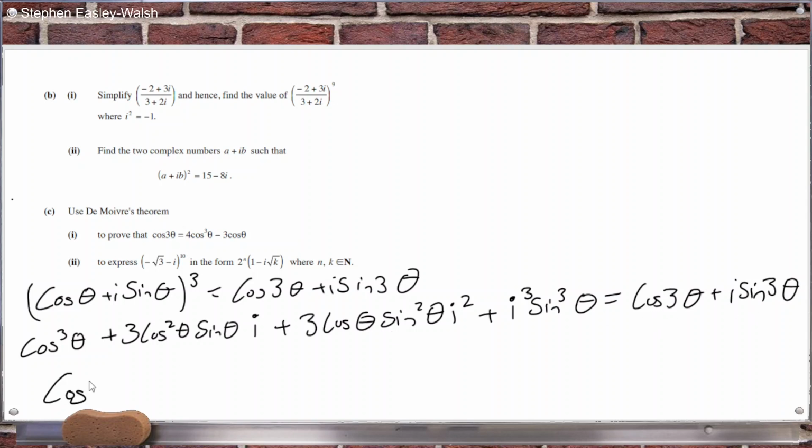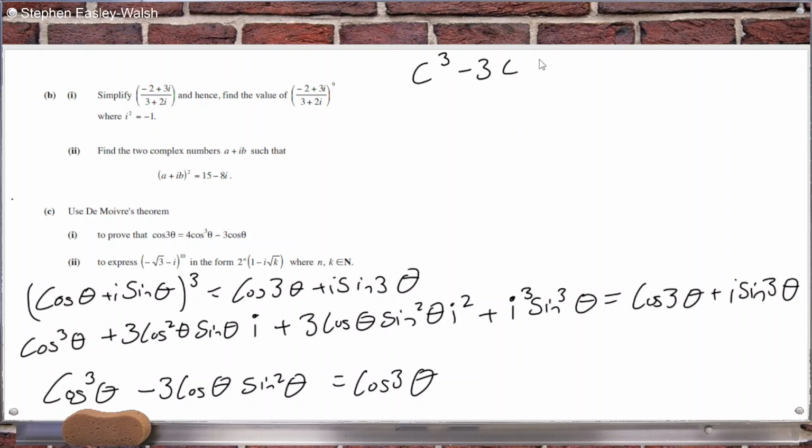So that means cos cubed theta minus 3 cos theta sine squared theta. They're the only real parts. That's equal to cos 3 theta. Don't really want the sine squared there. So that's cos cubed minus 3 cos, sine squared is 1 minus cos squared, equal to cos 3 theta.